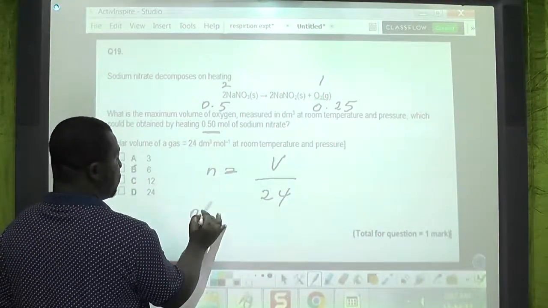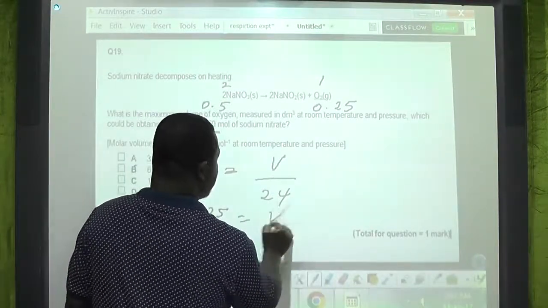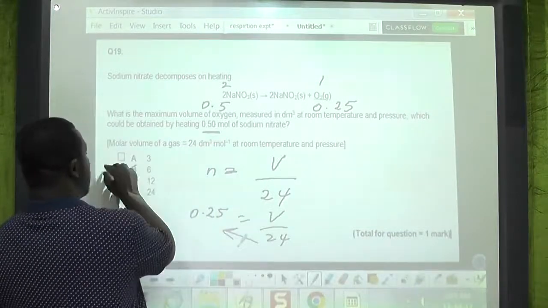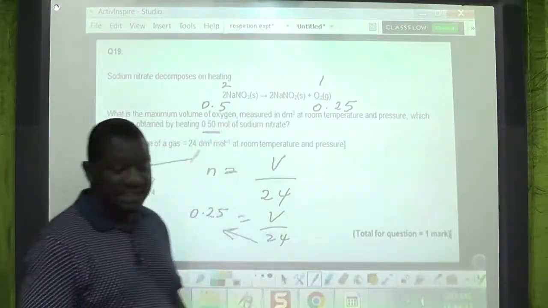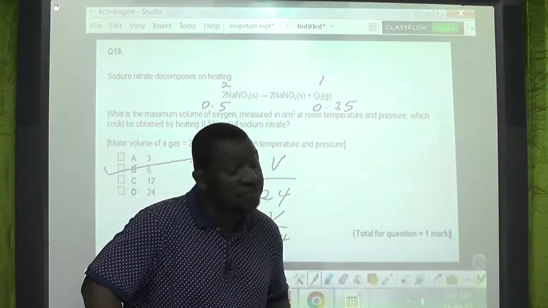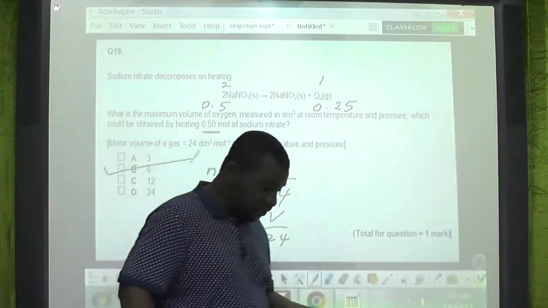So 0.25 equals V divided by 24, and V equals 0.25 times 24, and my answer is 6. That is the correct answer for question number 19, and that is the end of this.